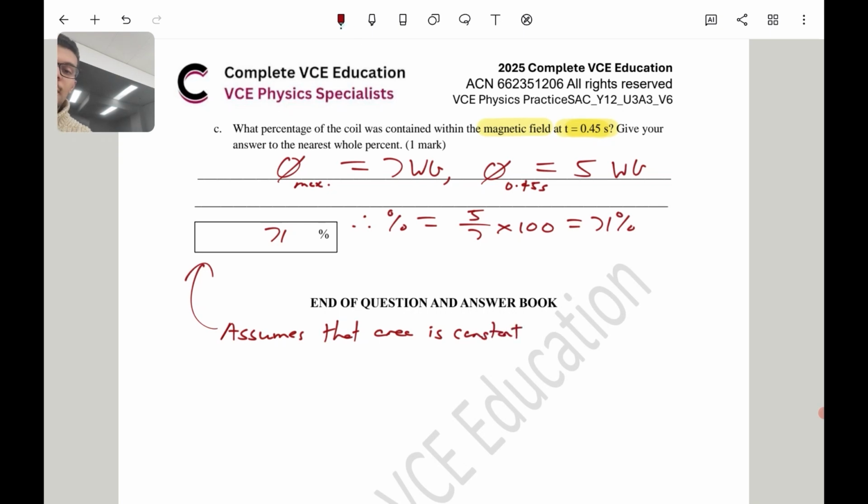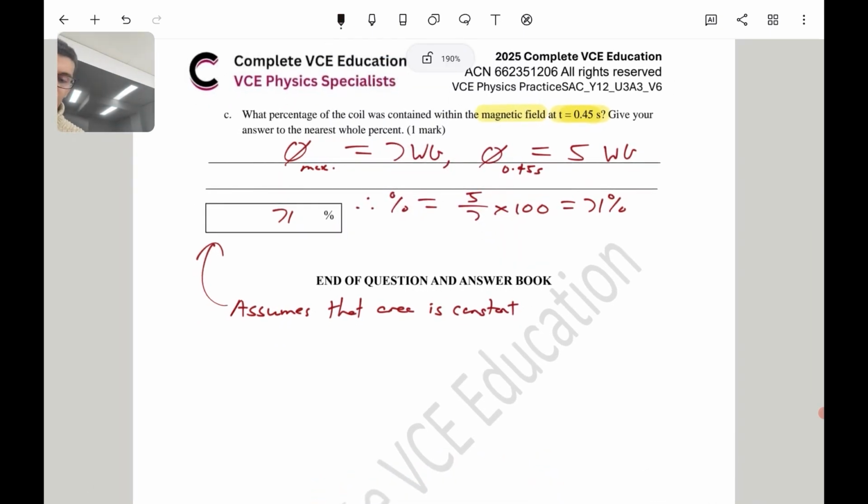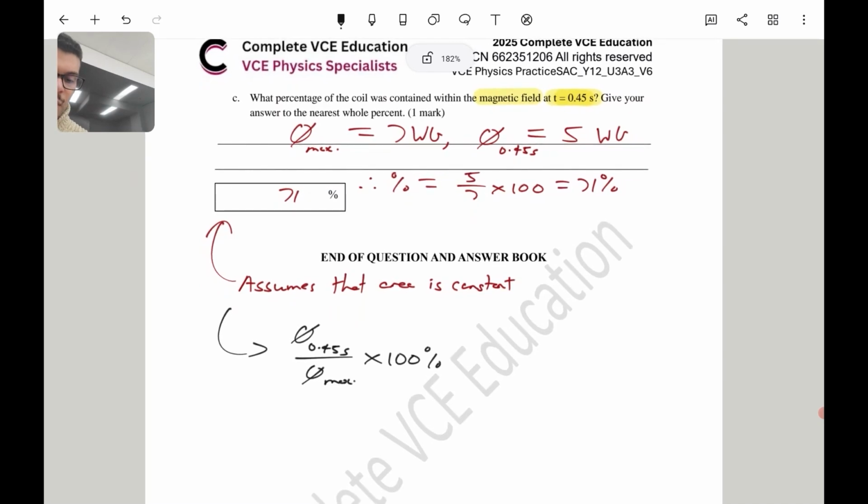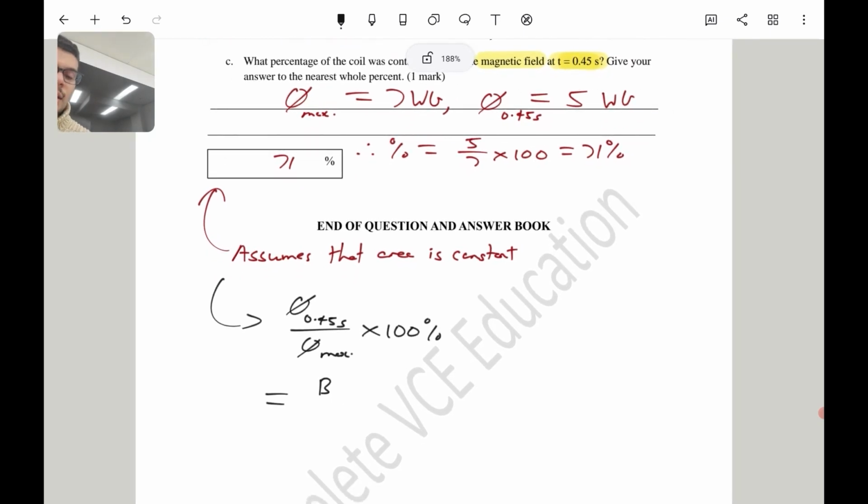If you are wondering what the mathematical logic behind this is, I can show you. If you divide the flux at 0.45 seconds by the maximum flux and multiply by 100%, what is this doing? Well, flux over flux. What is flux? Flux is equal to the magnetic field strength times the area at 0.45 seconds. The second flux is magnetic field strength times the entire area.